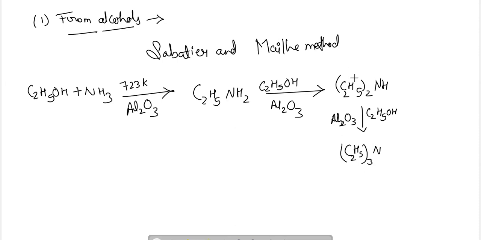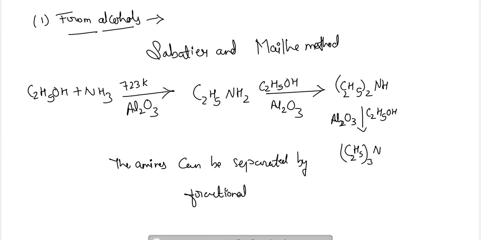The different amines which are produced here can be separated by fractional distillation. So this was the industrial method for the production of amines by using the Sabatier-Mailhe method.